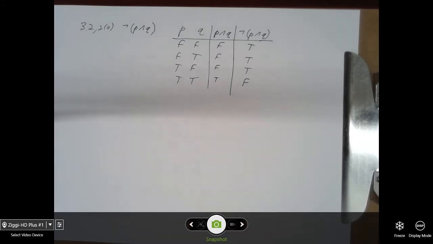All right, so 3.3, question 2, we were doing truth tables. Oh yeah, so 3.2, we kept getting questions on that one.